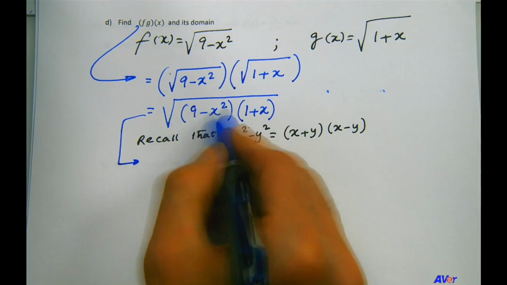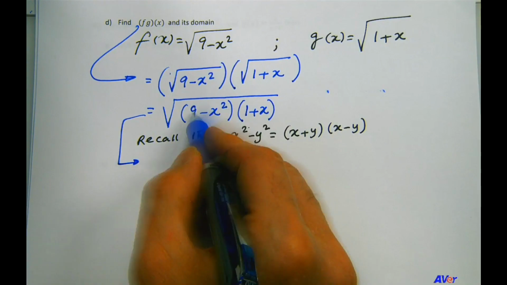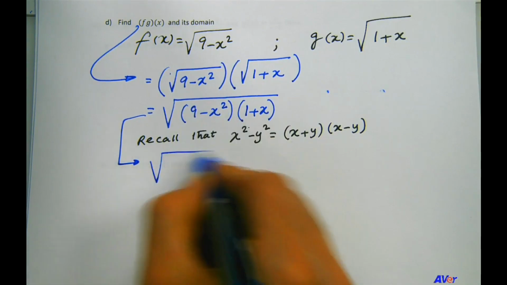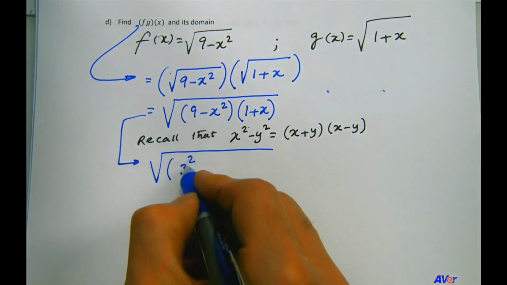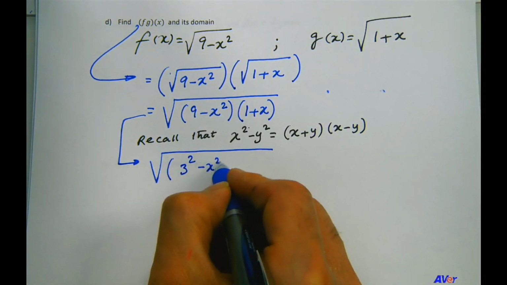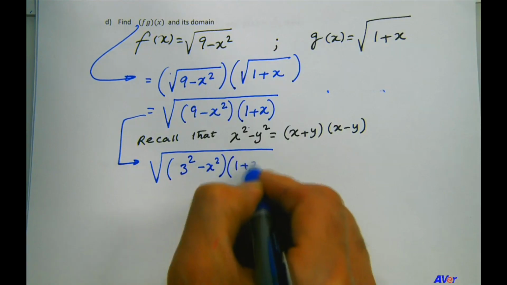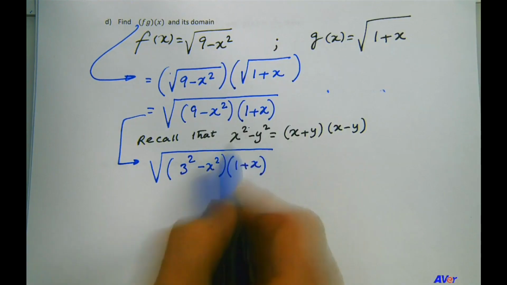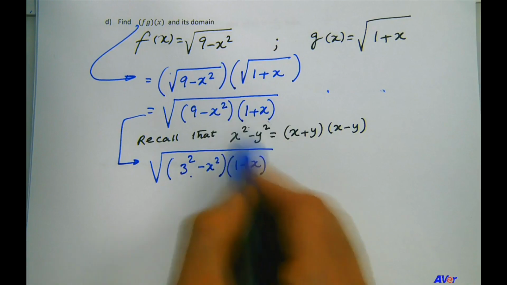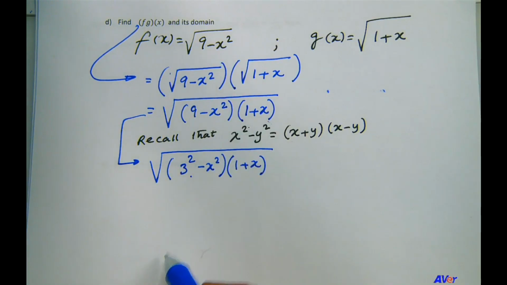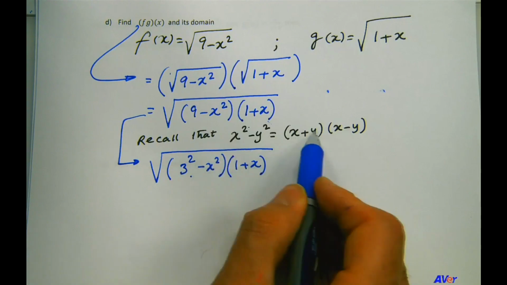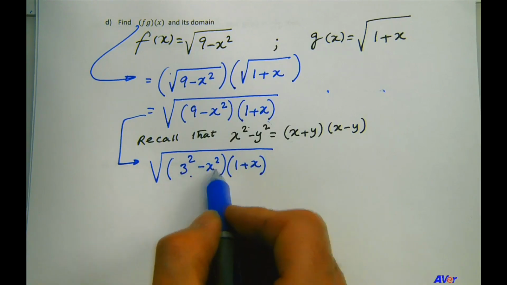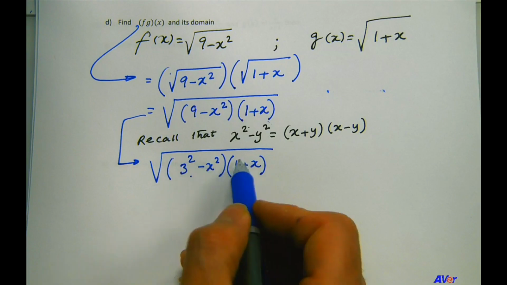Because 9 minus x squared, 9 is 3 squared, right? Let me write that down. So we have 3 squared minus x squared times 1 plus x. Therefore, we can factorize this just like that. We can say 3 plus x times 3 minus x.